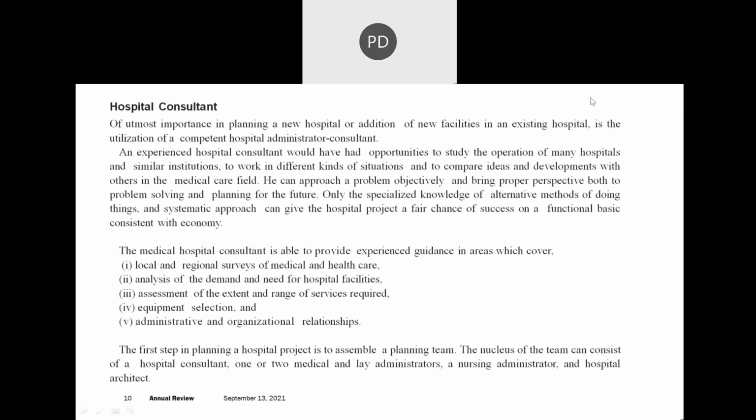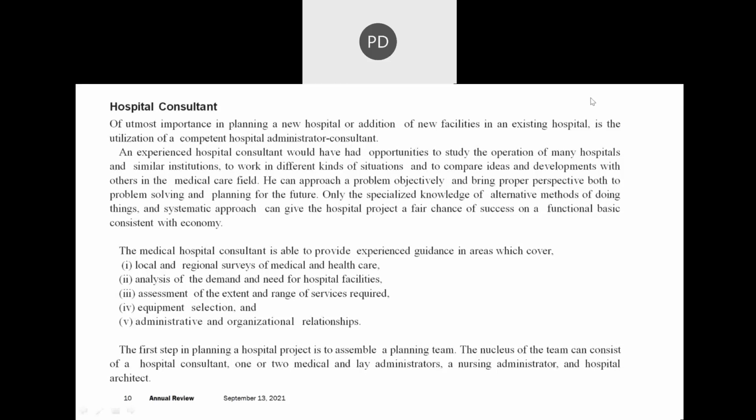All these things the hospital consultant would help us understand, as well as the consultant organization would have a group or employees who would be doing a study for us. If we are paying a good amount of money, they would do a study for us.